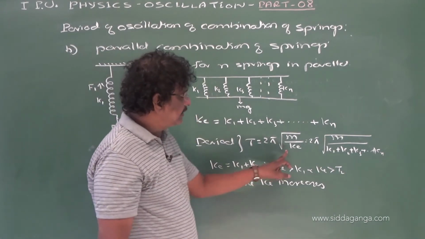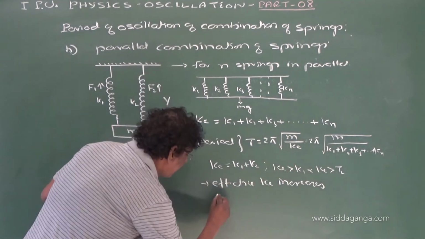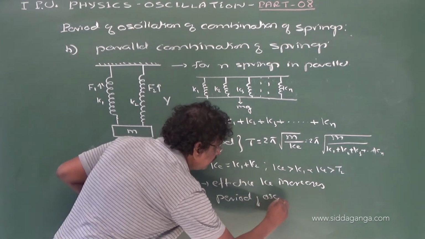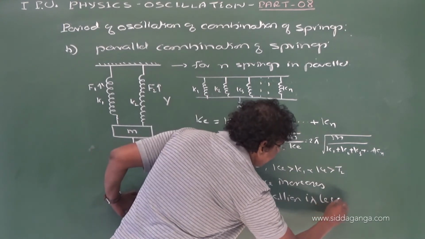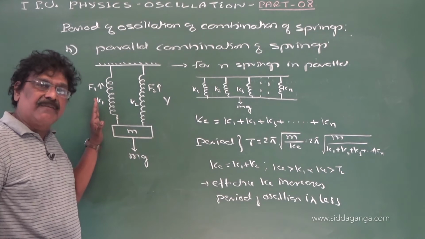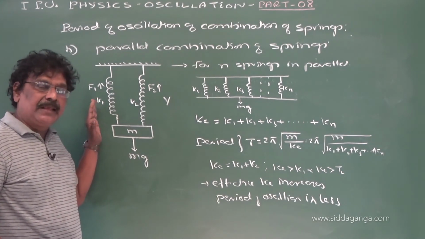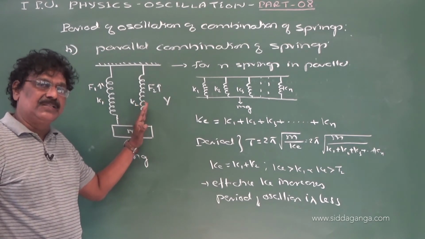Since the period depends on the square root of 1 by Ke, the period of oscillation is less than that of a single spring.